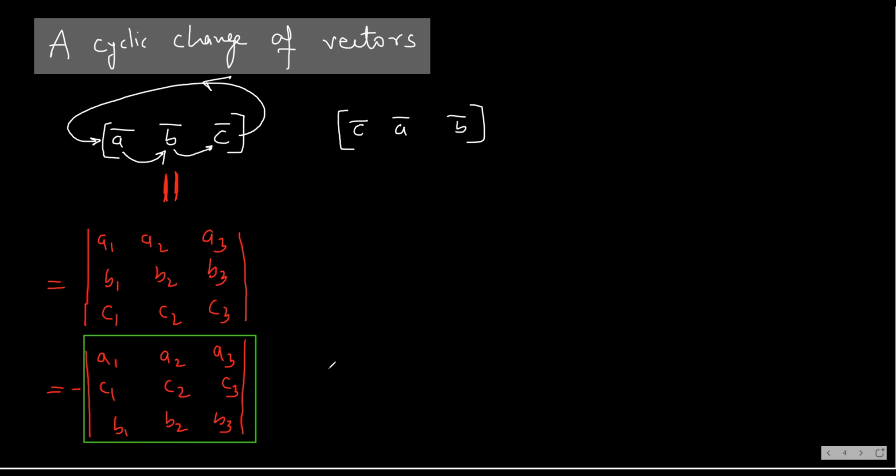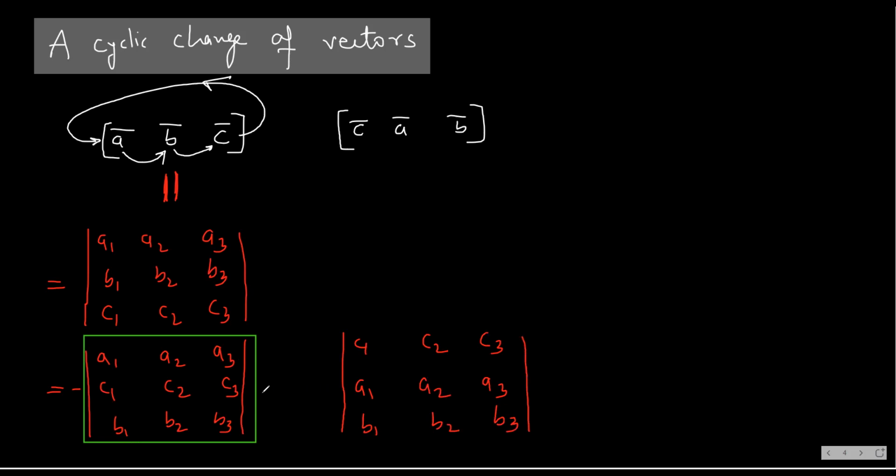When I interchange R1 with R2, I will get here C1, C2, C3, A1, A2, A3, and B1, B2, B3.